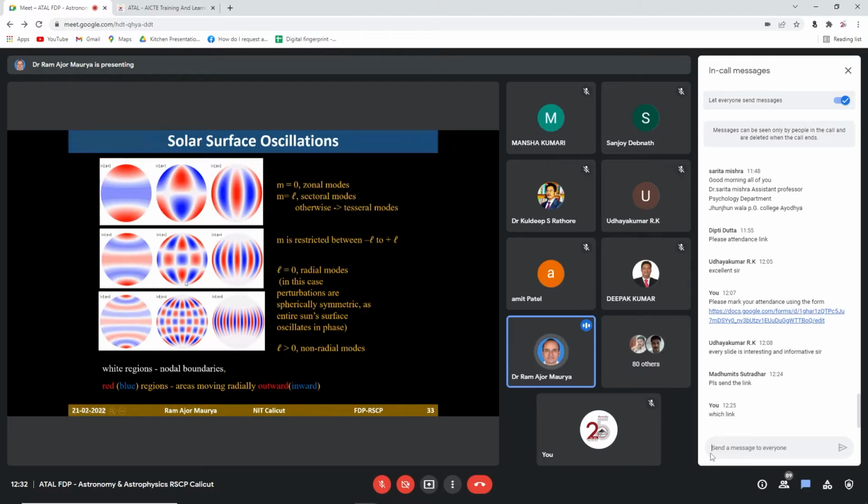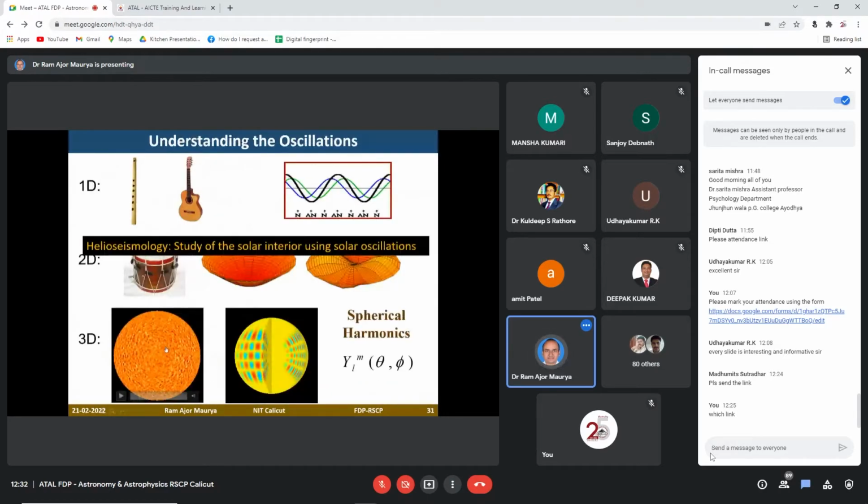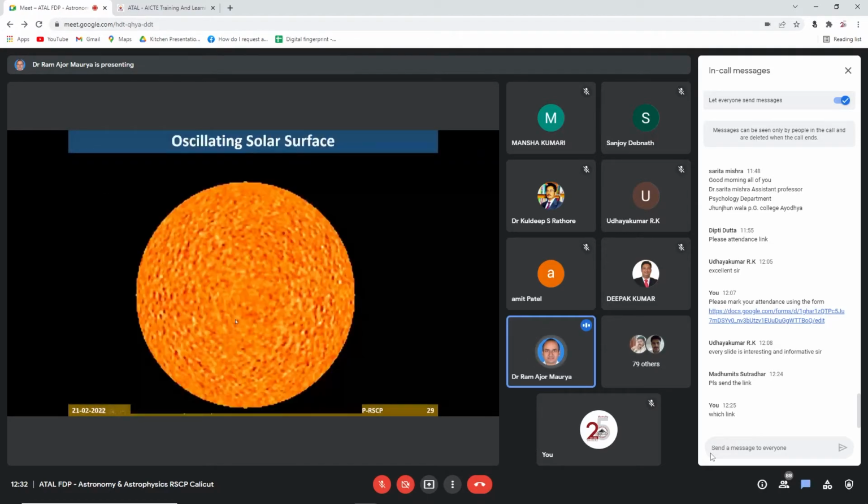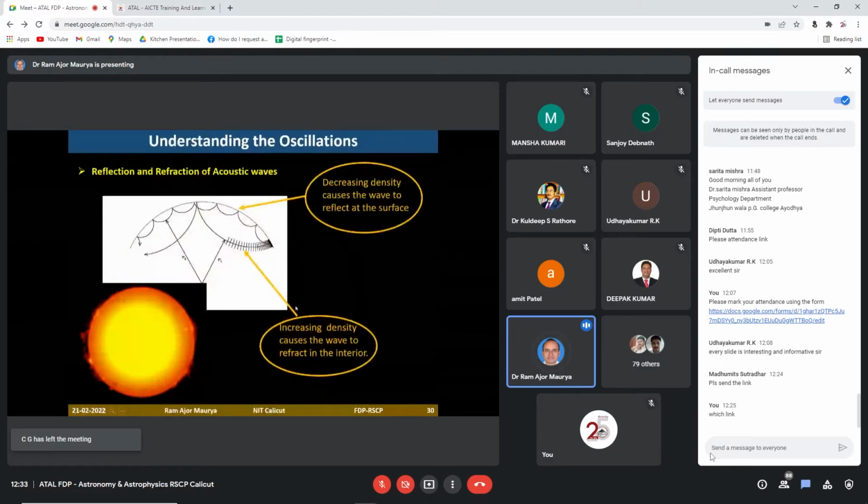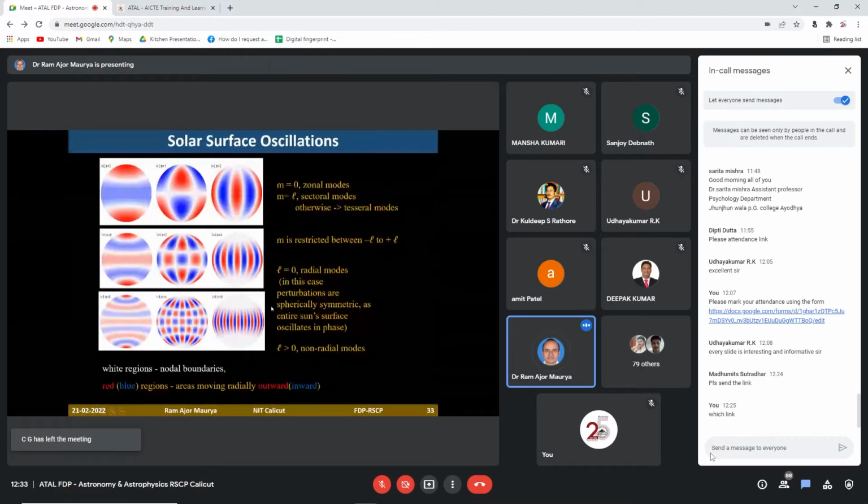So this way, using the spherical harmonics, here we have just a few of them, but if you consider different values of L and M, then you can model whatever oscillations you see on the surface of the sun.